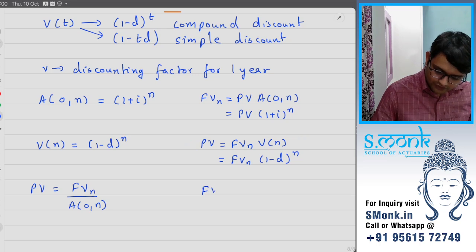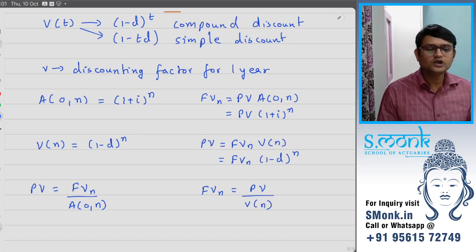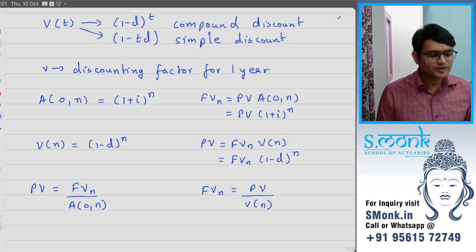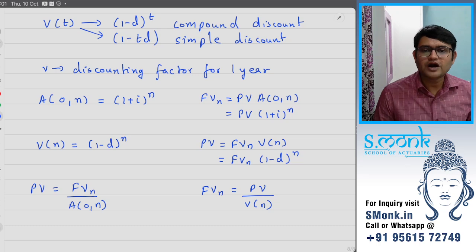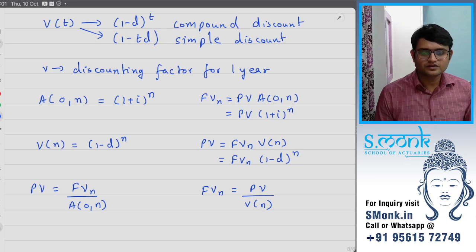I can say future value at time n will be equal to present value upon Vn. Always we can use that. Not a big deal. Because we have scientific calculators, we can do complex calculations, we don't mind dividing, we don't mind having a very odd power, we don't care about those things. We can easily calculate all of these.